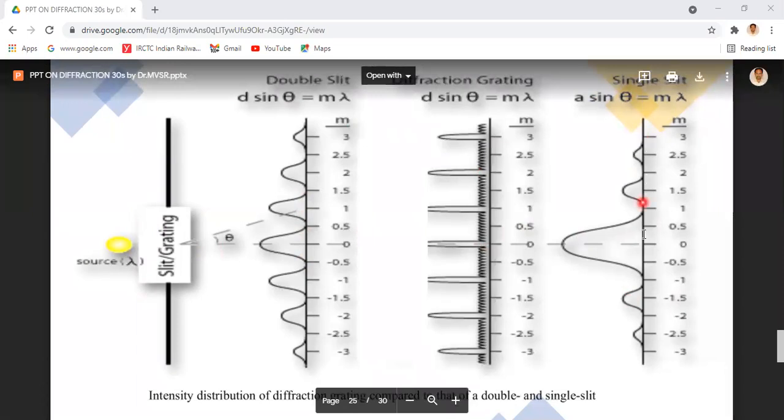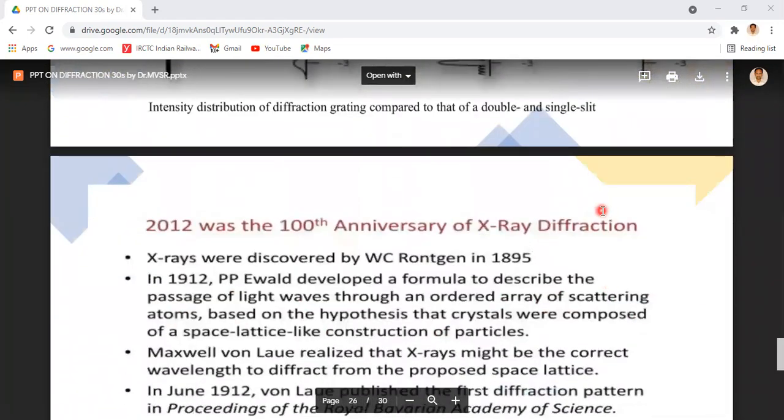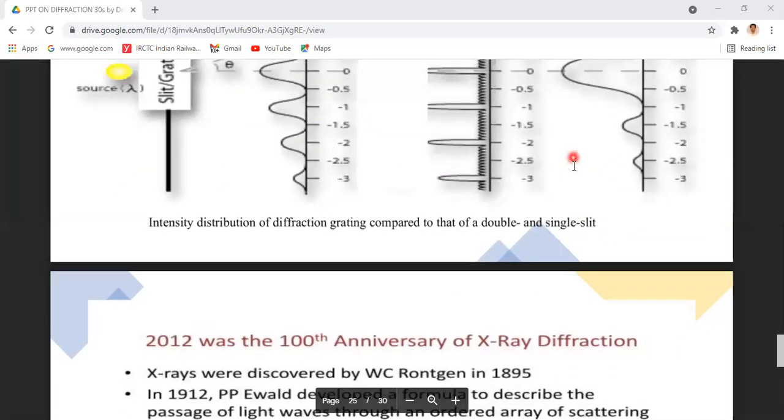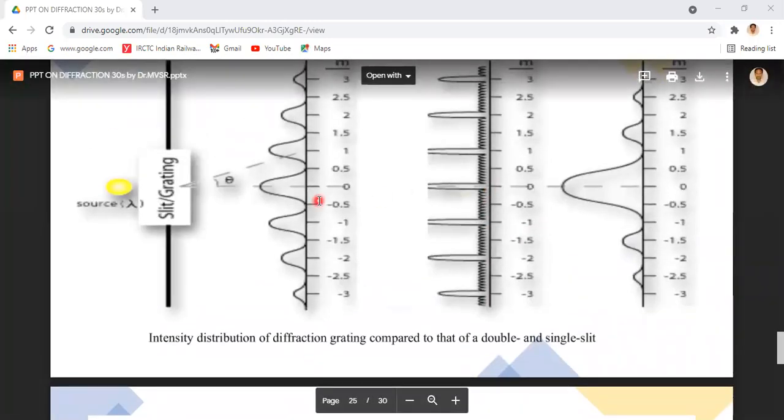This is the intensity of the light from a single slit in the diffraction phenomenon. This is only for your convenience, just to revise your previous topics. So these three diagrams represent the comparison among these three.